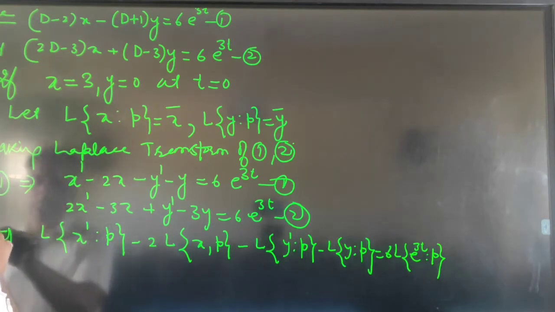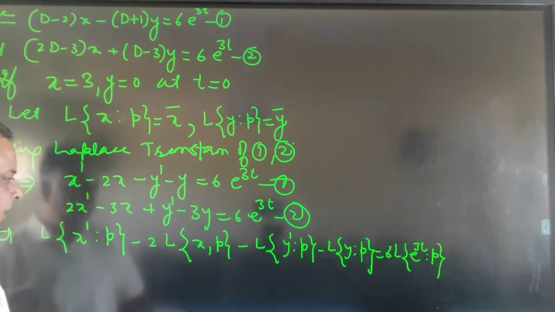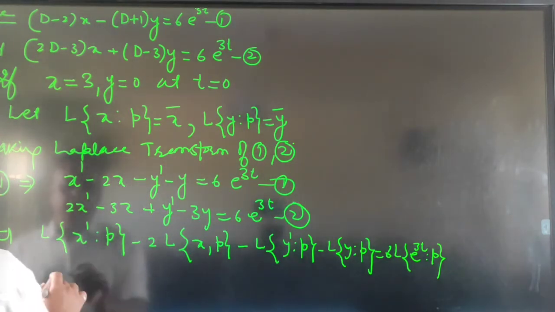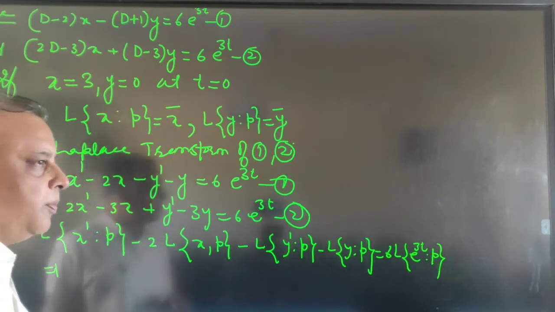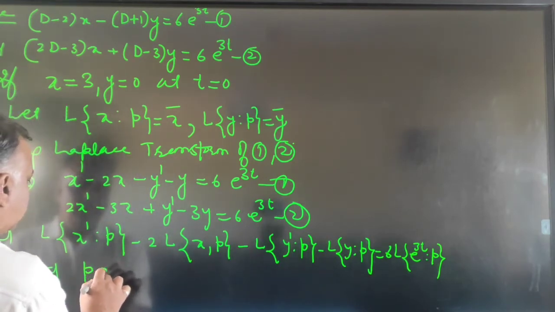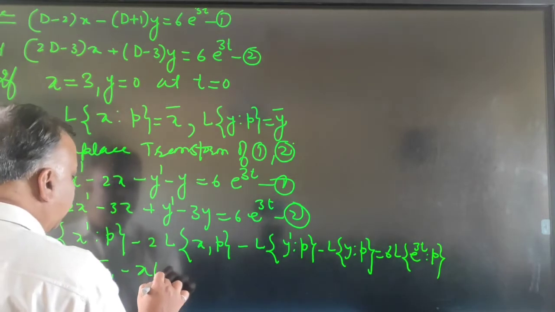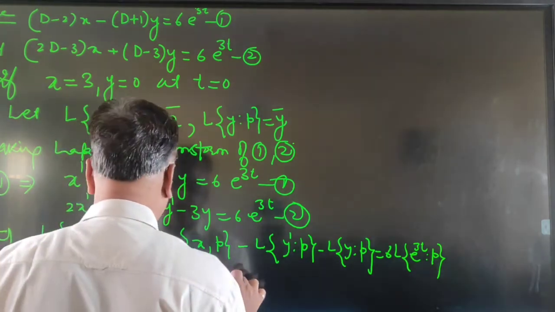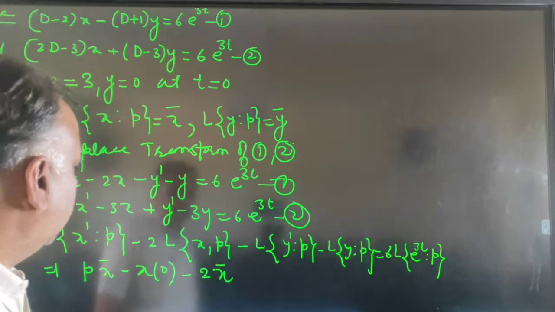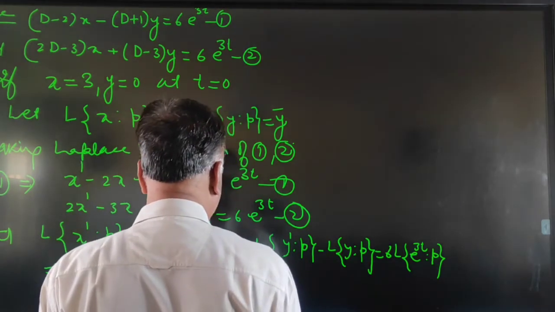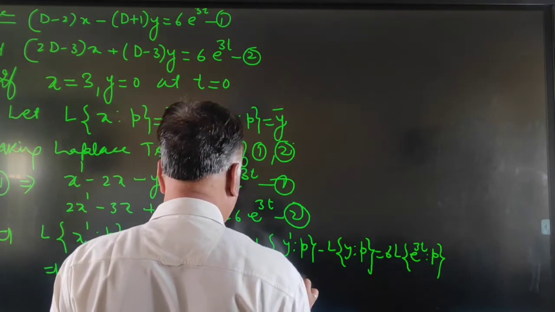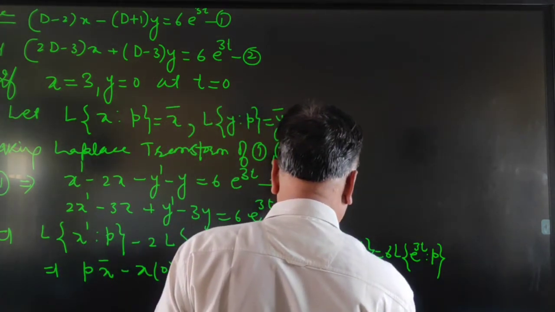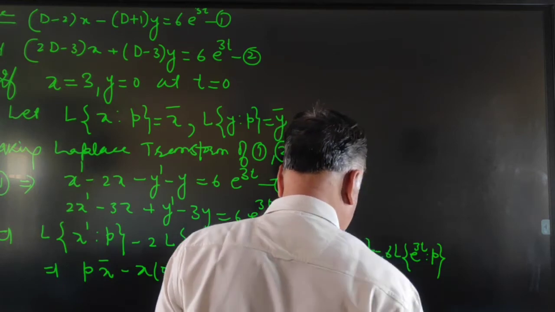Slightly we solve this one. If we take the Laplace transformation of the first equation, writing the formulas for the Laplace transformation, we get: Laplace transformation of x dash is p x bar minus x0, minus 2 times Laplace transformation of x, which is x bar, minus Laplace transformation of y dash, that is p y bar minus y0, minus Laplace transformation of y, y bar, is equal to 6.